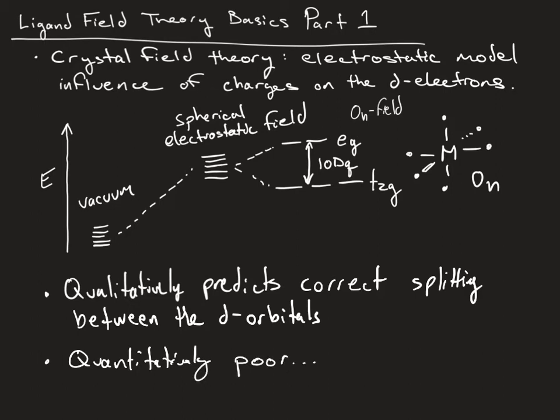These are off by at least an order of magnitude from what you would see experimentally. And the reason is that it doesn't include bonding interactions as a purely electrostatic model. So because of the lack of a realistic bonding picture, it's quantitatively quite inaccurate.